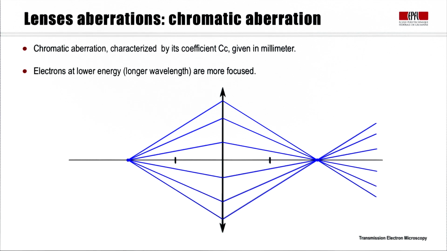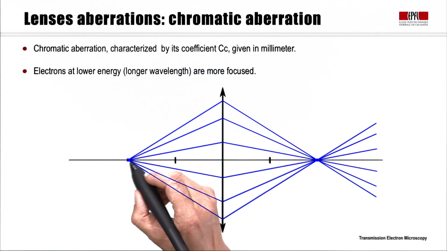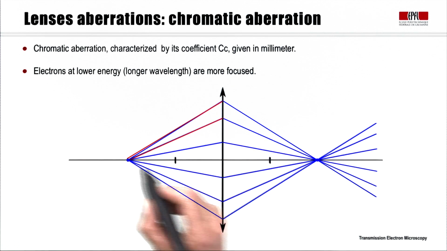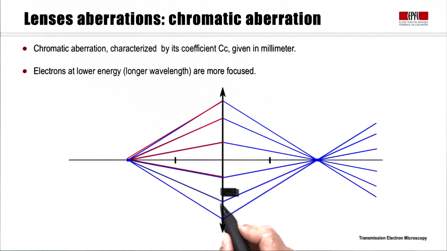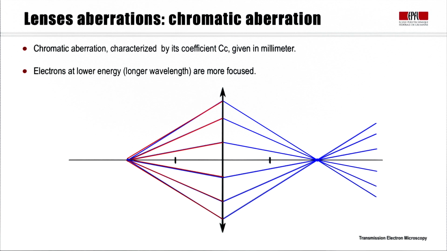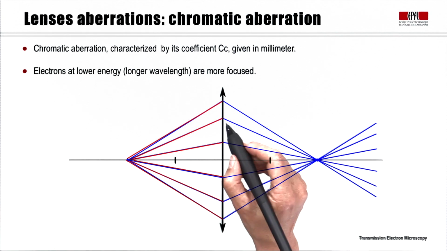But now I also have electrons with lower energy. I will draw them in red. They will follow the same path between the object and the lens. But then we say that electrons at lower energy are more focused.